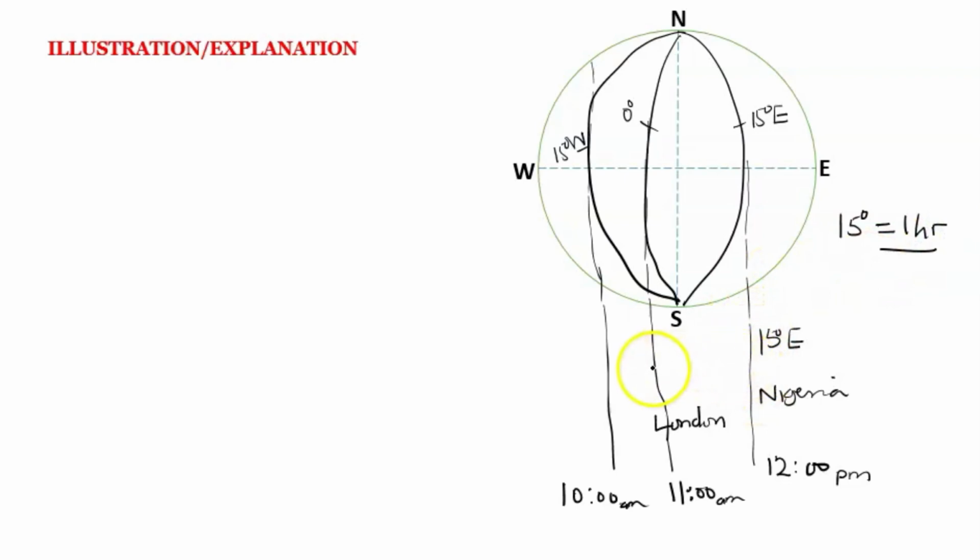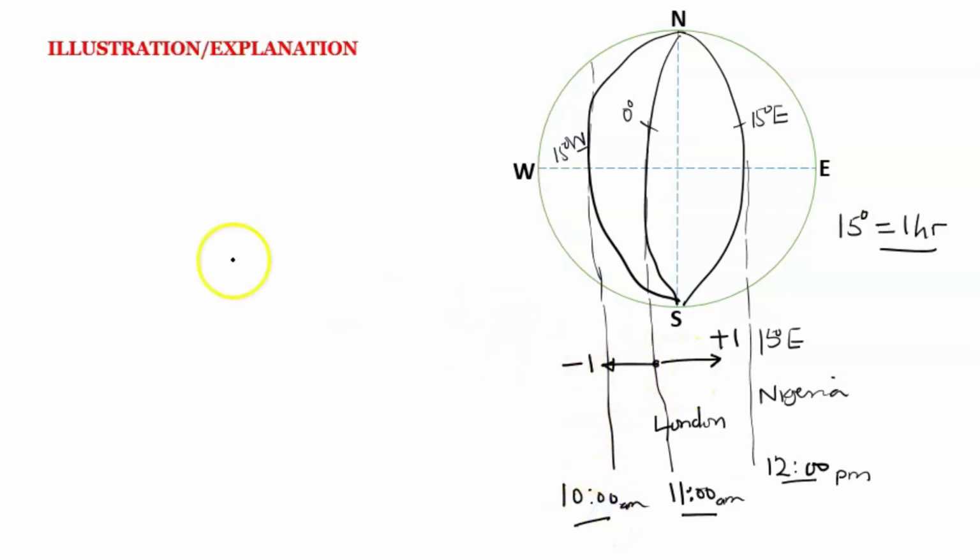From the prime meridian towards the east is +1. From the prime meridian towards the west is -1. That's how you are going to have the time. In Nigeria, if it is 12 noon, along London you are going to have 11, and places along 15 degrees west will have 10.